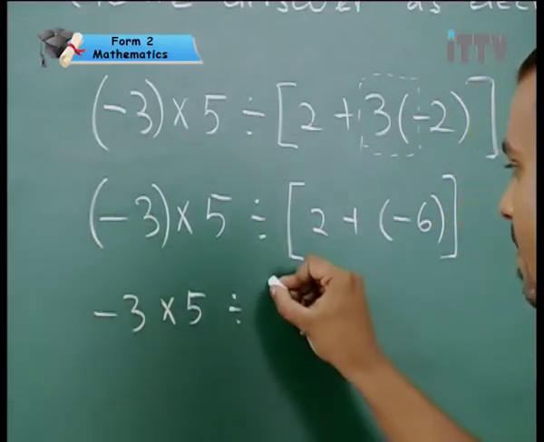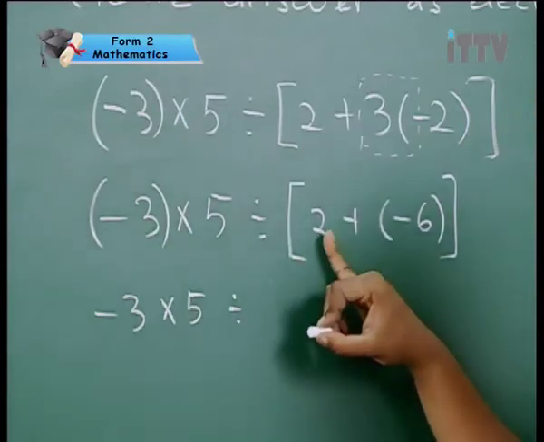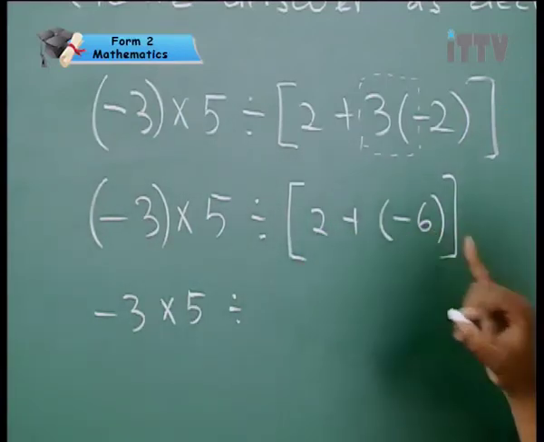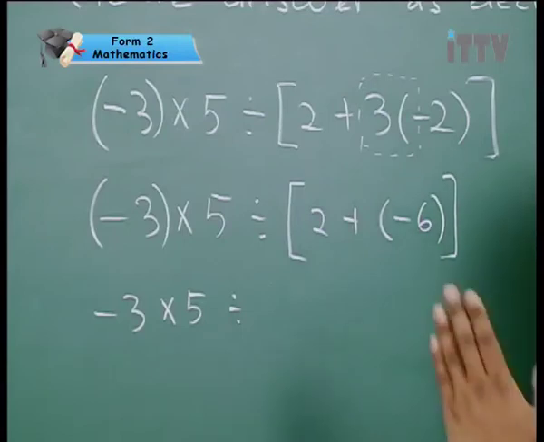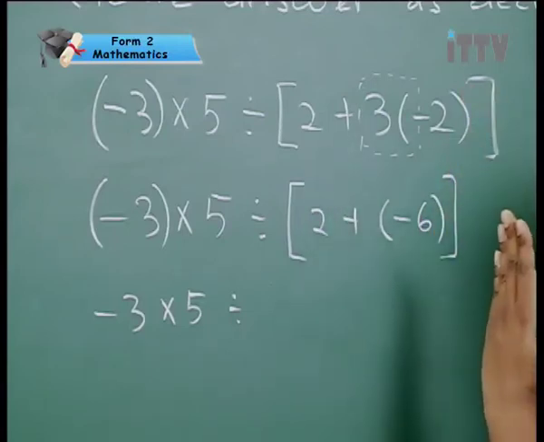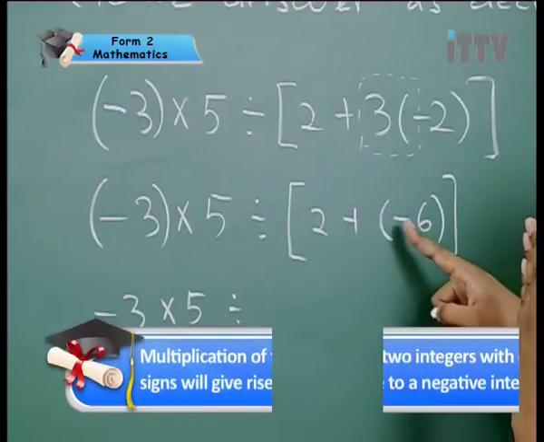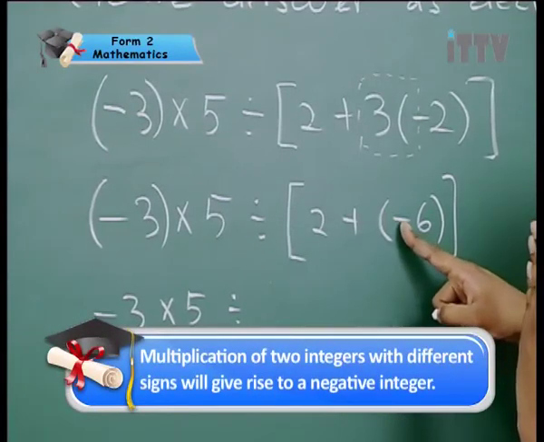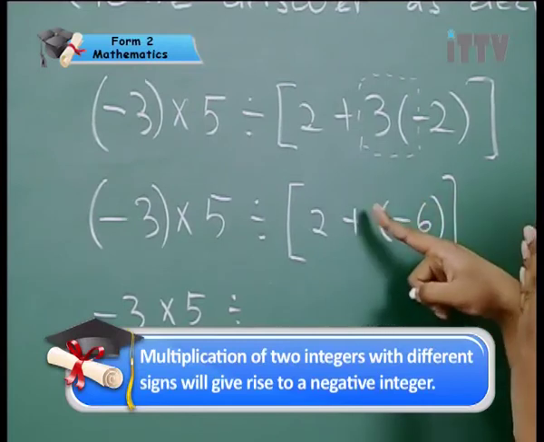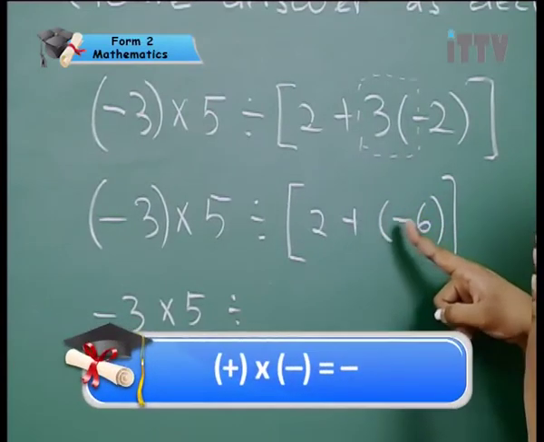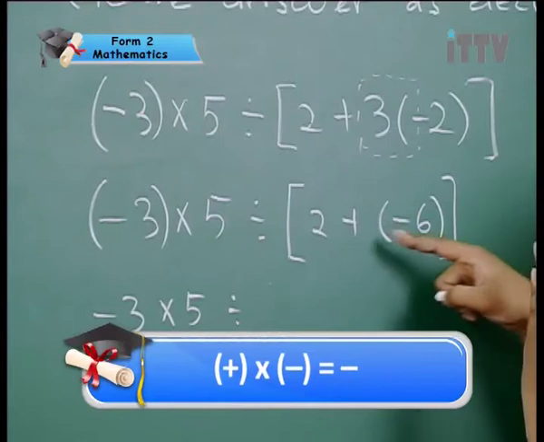Divided by. Now, in my bracket, it's 2 plus negative 6. Now, I want you to focus back on the number line. 2, say suppose 2 was here, plus bracket minus. If plus bracket negative, then it eventually becomes positive times negative, which becomes negative.